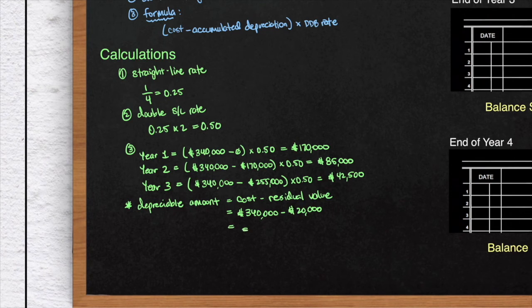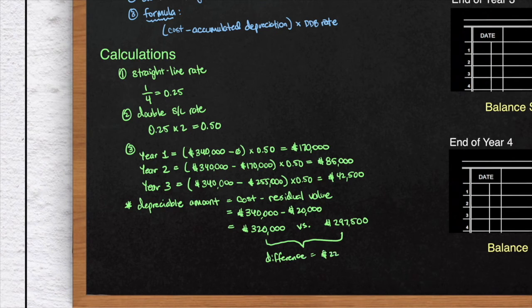We're doing this because we have to remind ourselves that we can only depreciate this asset up to $320,000 because our net book value at the end needs to equal 20,000. So again, we're going to compare what we can depreciate up to, which is 320,000, versus our depreciated amount so far, our accumulated depreciation of $297,500.